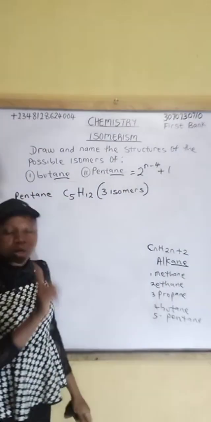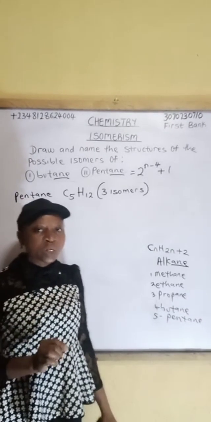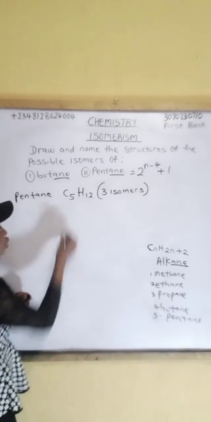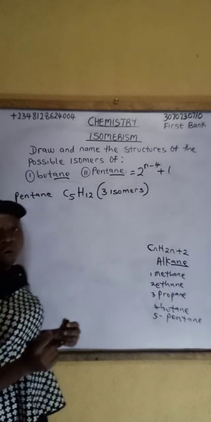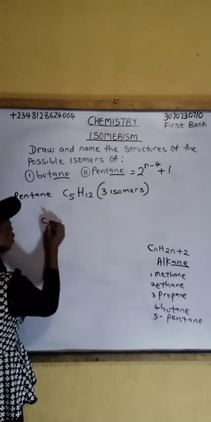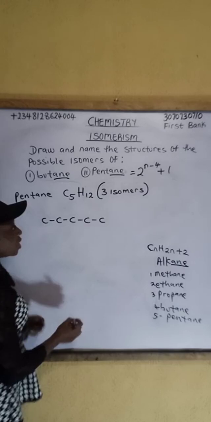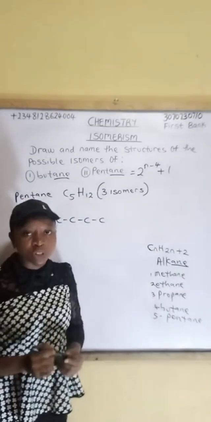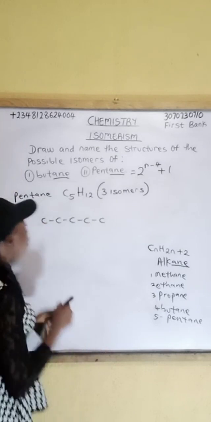The first structure will be the normal structure of pentane. Then we have 5 carbon atoms. Those 5 carbon atoms will be joined together by chemical bonds. So we have 1, 2, 3, 4, 5. Don't forget that in organic chemistry, each carbon atom must be surrounded with 4 chemical bonds.